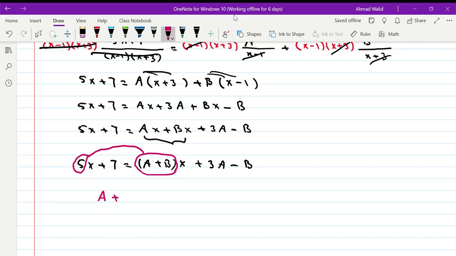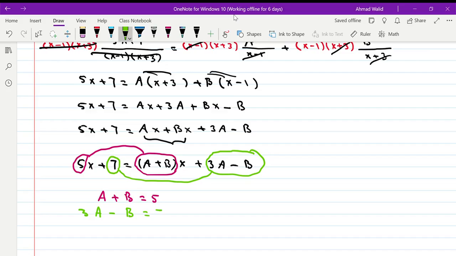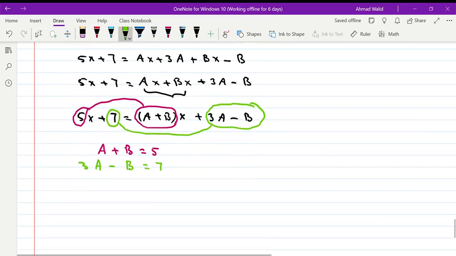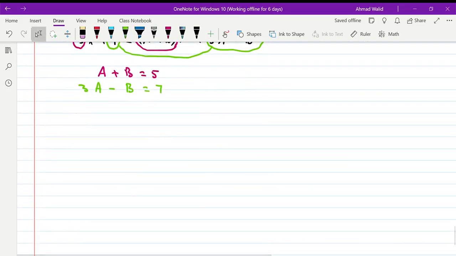A plus B equals 5. And 3A minus B equates to the constant on this side, which is 7. 3A minus B equals 7. Correct?